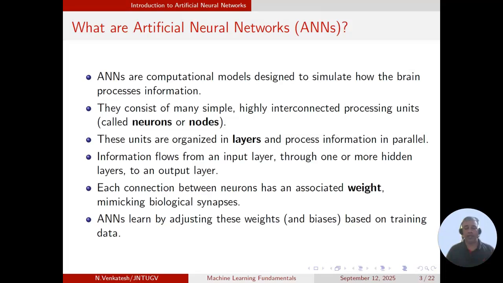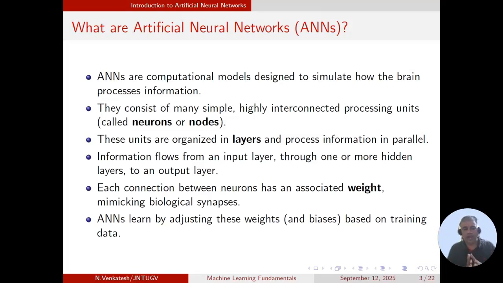Like for a brain, information comes from the senses or sensory organs like eyes, ears and nose. So here also you will get information from some external source through the input layer, the information is processed in one or more hidden layers, and you will get an output through an output layer.